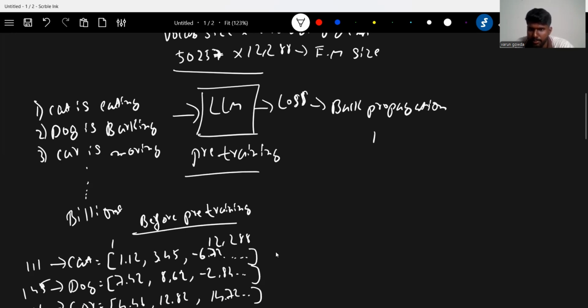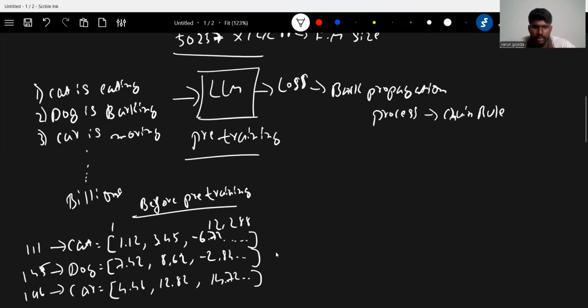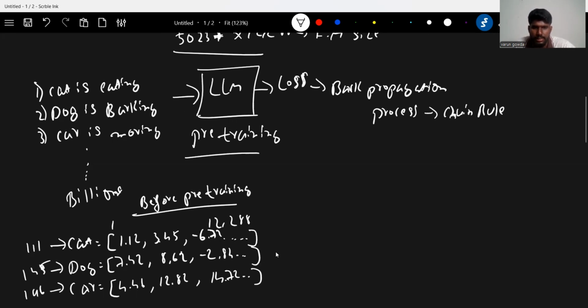It generates a loss or error which will be adjusted during the backpropagation process. How does backpropagation work? It works on the chain rule. We'll see in depth how backpropagation works, and what the chain rule is. As of now, just learn that we are giving these billions of input sentences, and these are the embeddings for cat, dog, and car that are there initially at the start of the pre-training process.